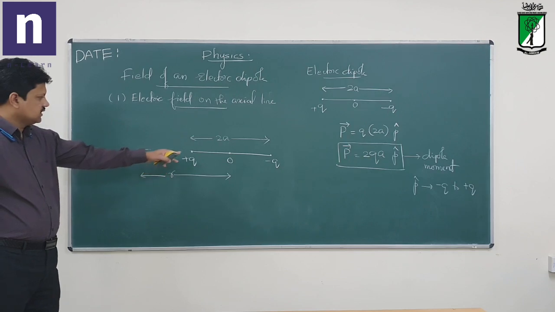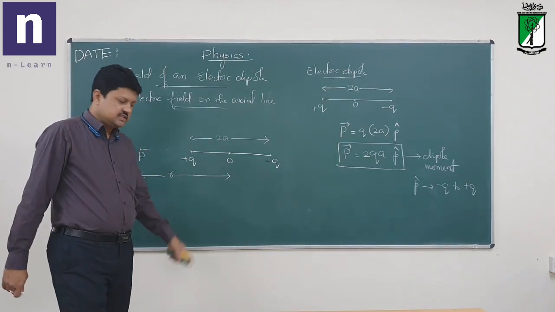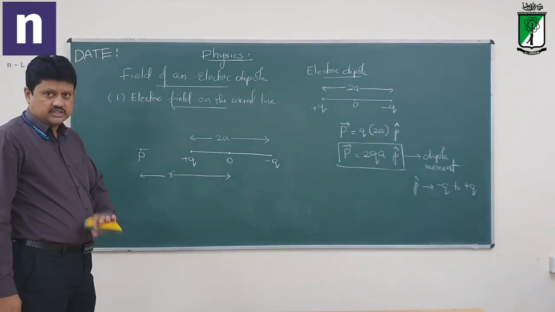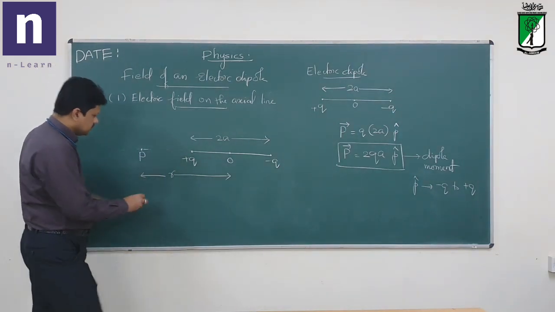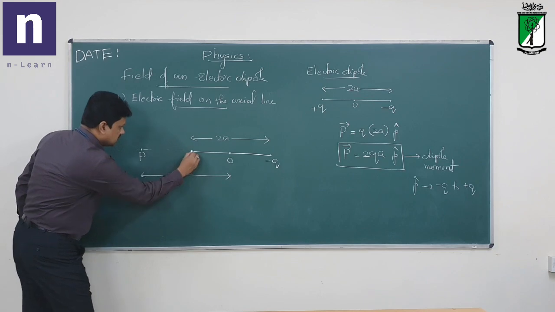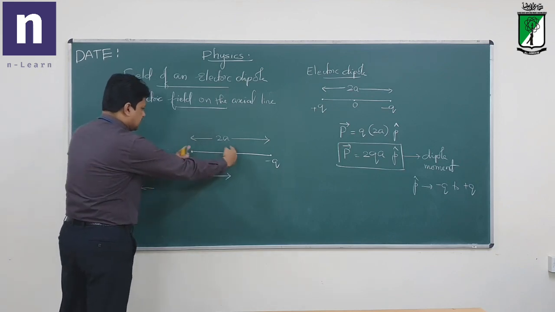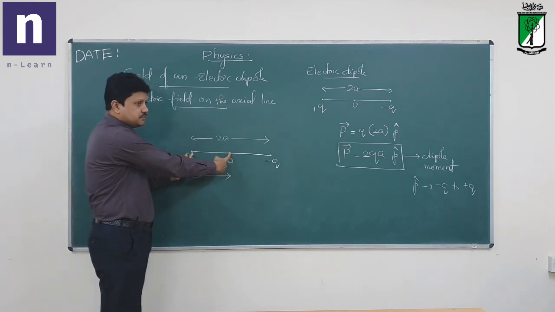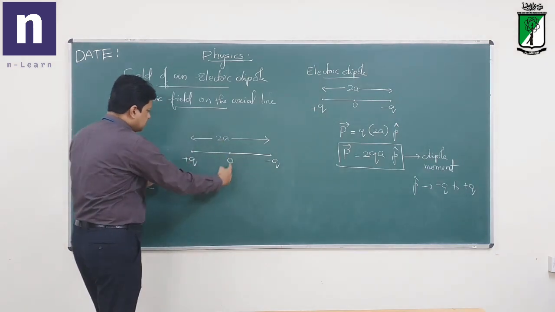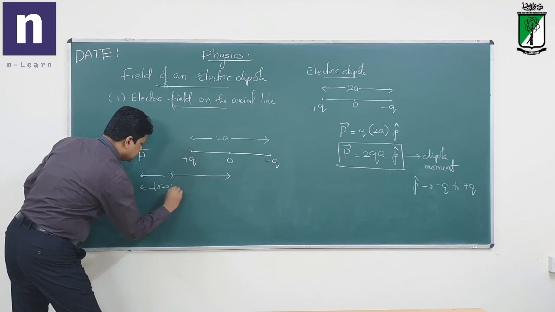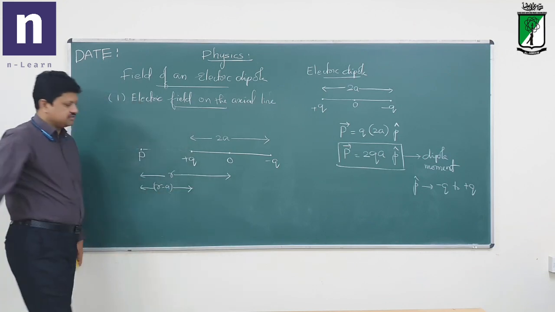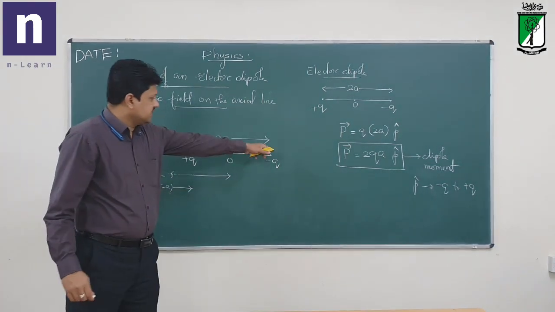From the center of the dipole to the point P, the distance is r. Now you can tell me what is the distance of this point P from plus q. Totally this much is r, and the half length of the dipole is a. So r minus a is the distance from the positive charge. And what is the distance from the negative charge?